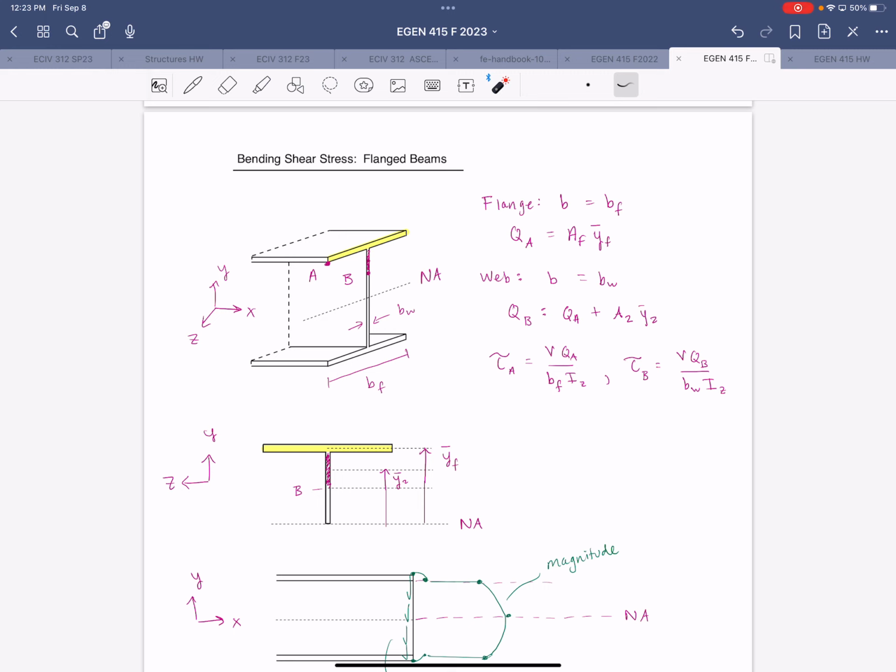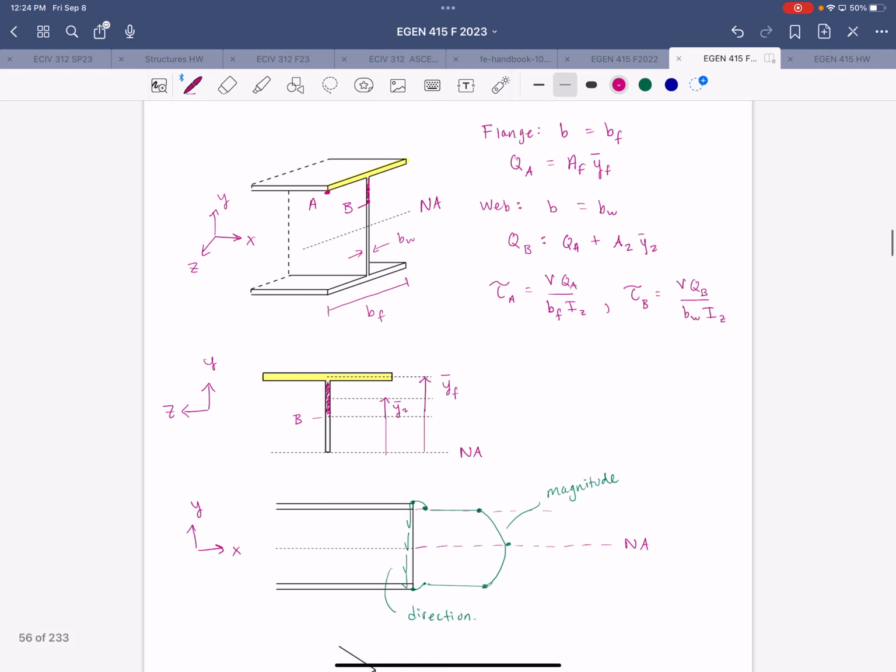Oh, it's at the bottom corner, right? Yeah. But Y bar 2 would include the area of the flange. Well, no, sorry. Y bar 2 doesn't. The Q for B does include this, right?